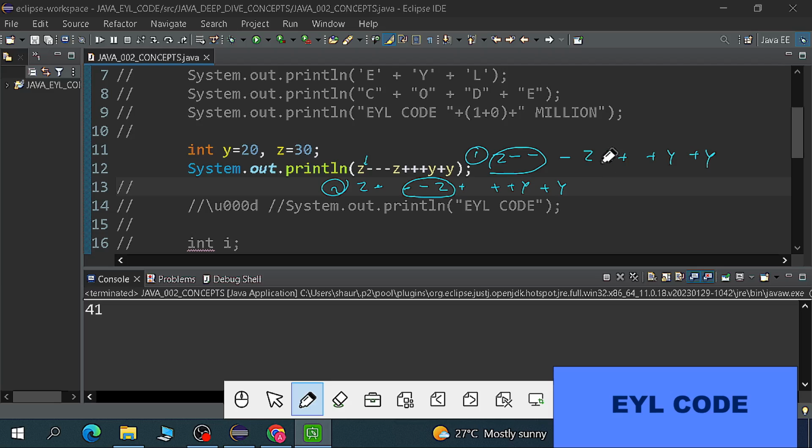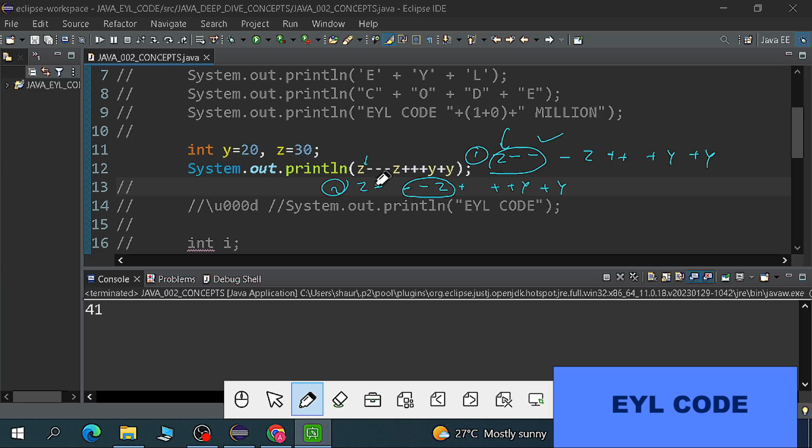So the condition number 1 is correct. Why is it so? Because whenever the JVM finds any operator next to the variable or any literal, it tries to search for the next operator. If there is any operator, then that operator is going to be grouped with the first one, not like this one.